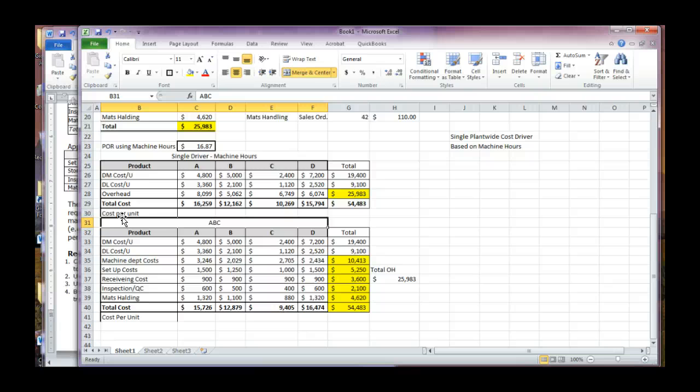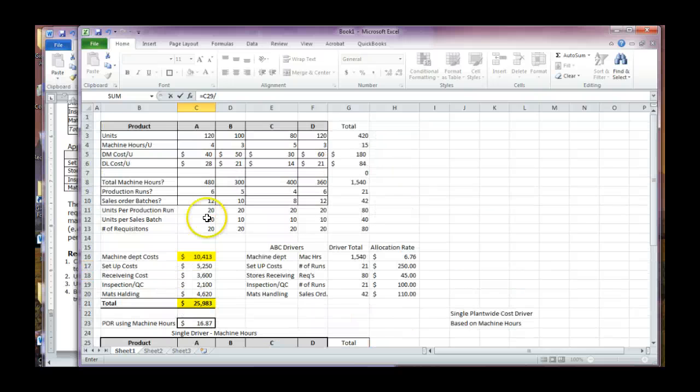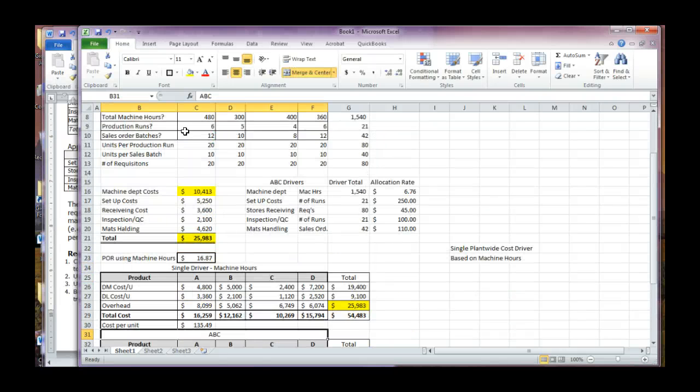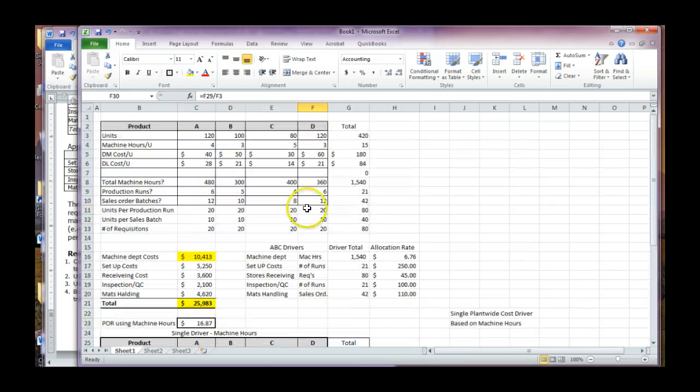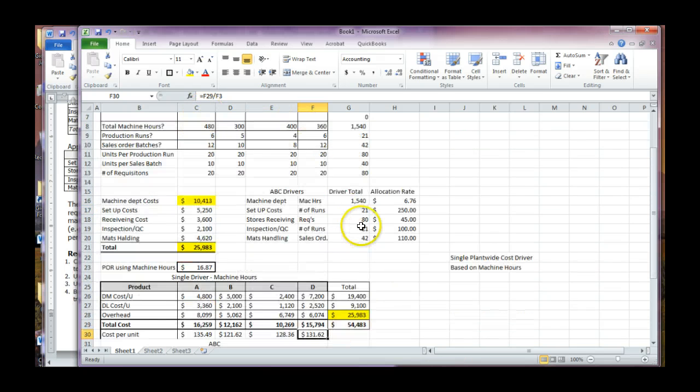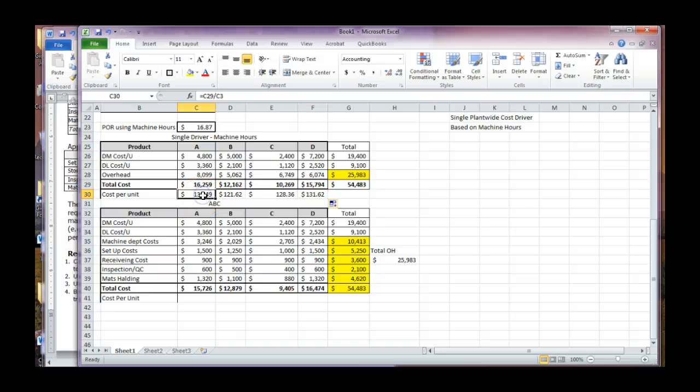We'll do it for both. How do I do cost per unit? I'm going to take that and divide it by units. And then can I drag them? I can. F3, yes. And then same thing here. No, it's going to be C3.